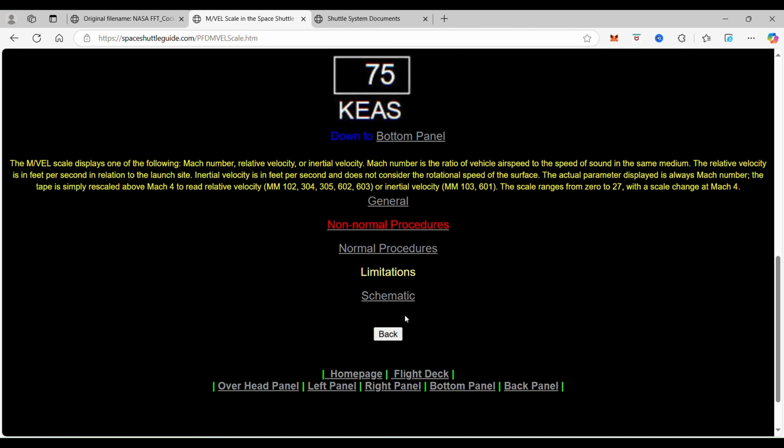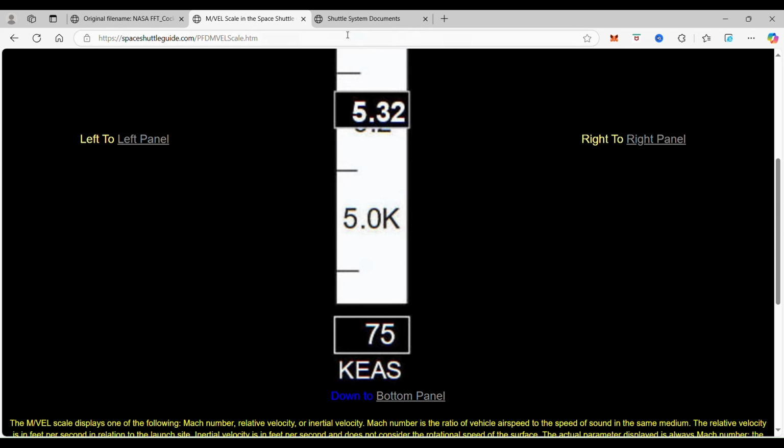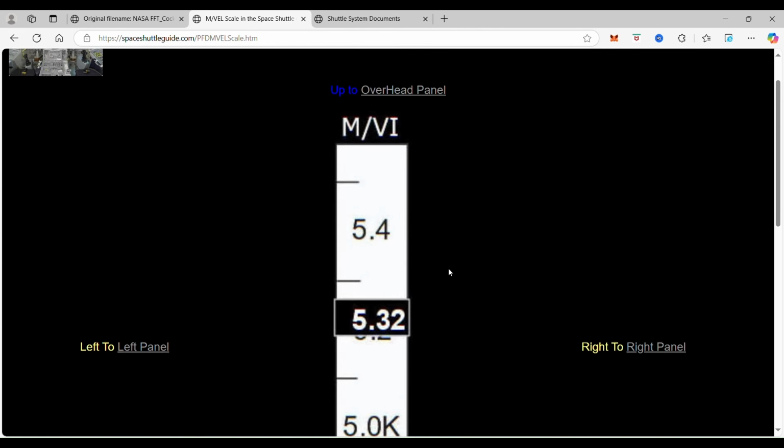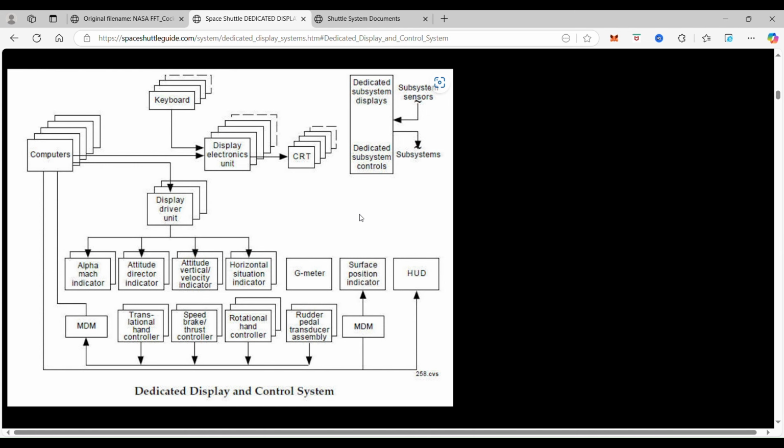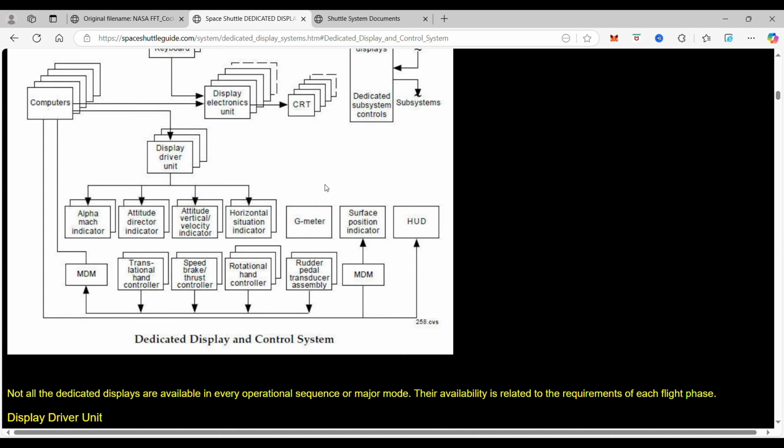And we're going to dive deeper into this tape. When you click on schematic, it takes you to the schematics of the dedicated display and control system. And right over here we have our Mach indicator.